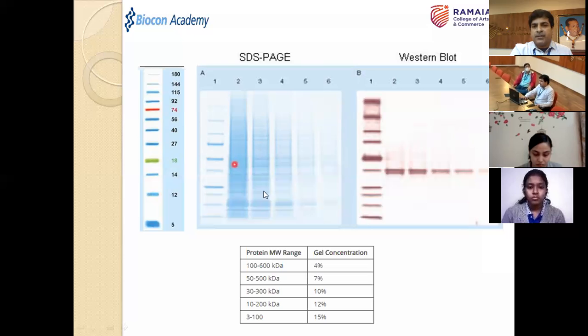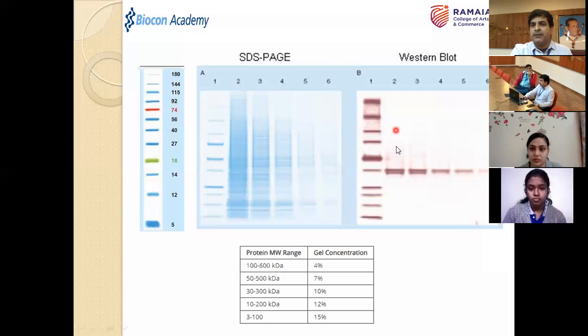And these are the different proteins in your sample. The Western immunoblot technique is to analyze a particular protein in this. Wherever the term immuno comes, it is based on antigen-antibody interaction. So the antigen is present in the sample, and you are using an antibody for that particular antigen which you want to detect. From the gel, you are transferring the proteins to a membrane, called nitrocellulose membrane or PVDF membrane.